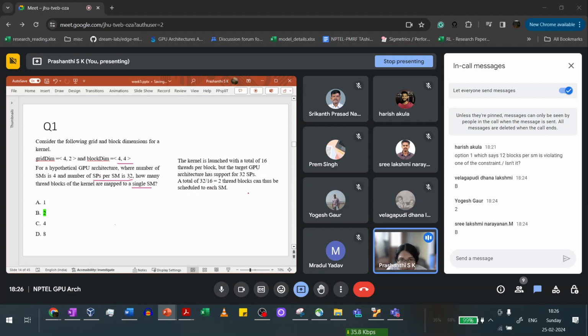How many thread blocks can you schedule per SM is the question. You have 16 threads per block and you have 32 SPs, so you can launch a total of 32 by 16, which is 2 blocks per SM. So your answer is B, which is 2.